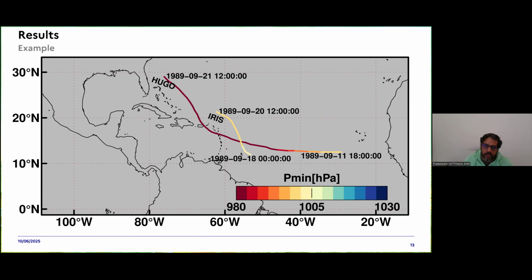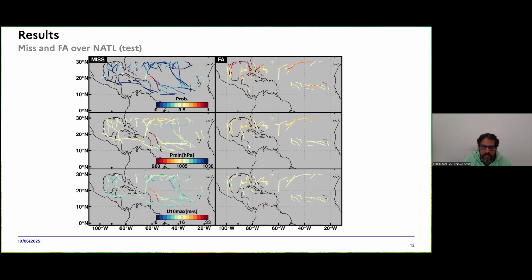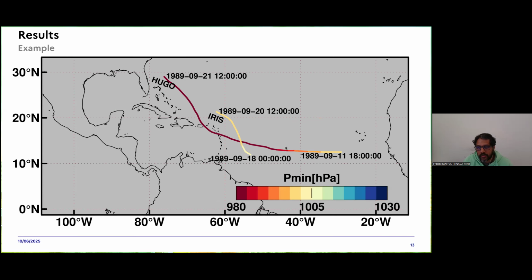What I detect is this strong cyclone rather than this one, which is not that strong compared to it. This is the only case where I miss a track that is actually tracked. I hope that was clear, but you can ask questions after.